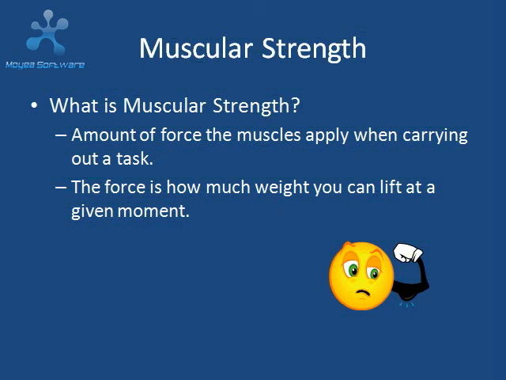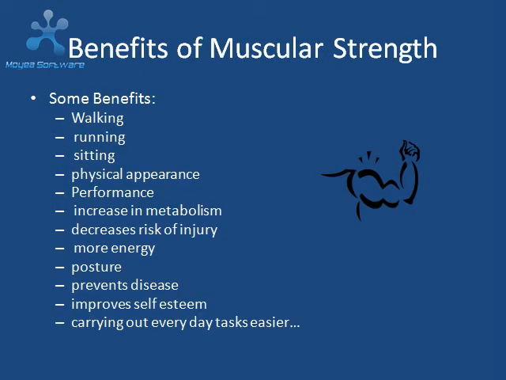Now some benefits of muscular strength, has a lot of them. The main one, walking. We walk every day. We may not think of it as muscular strength, but if we didn't have the strength to walk, we wouldn't be able to do it. After walking, simply is running. Even sitting down and sitting up, we use muscular strength to do that. Another benefit of muscular strength is your physical appearance.